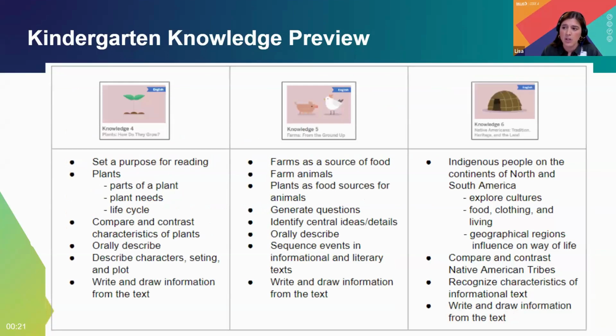So when we look at all of the units, the knowledge units for kinder coming up in Q2 side by side, we can see that there will be some connections from one unit to the next. So first in the unit 4, where they're learning all about plants, plant life cycle, plant needs, they will again reinforce their ideas of plants as they look at plants as food sources for animals in the farms unit in unit 5.